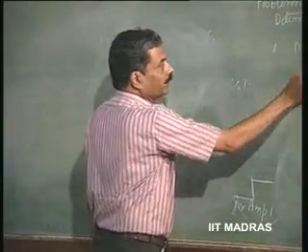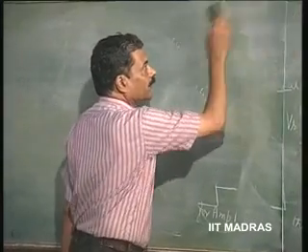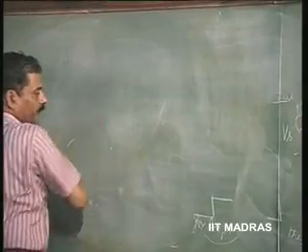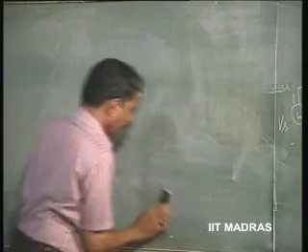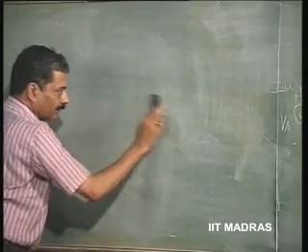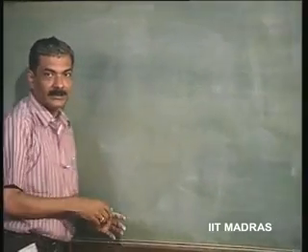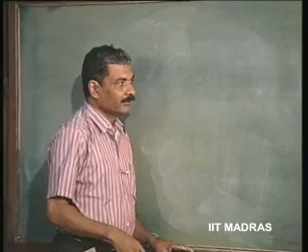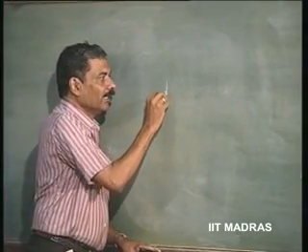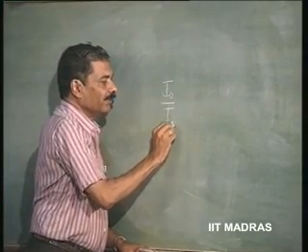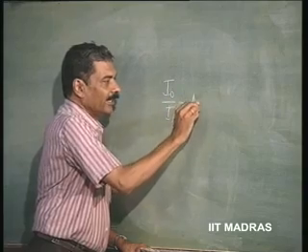Another important theorem that we can derive: what is I naught over II? Let us say we call it current gain, AI.